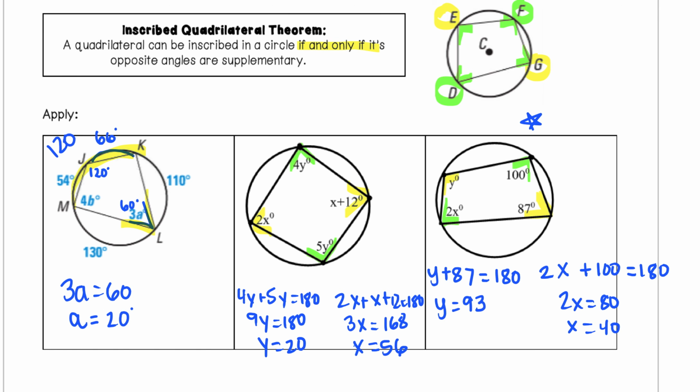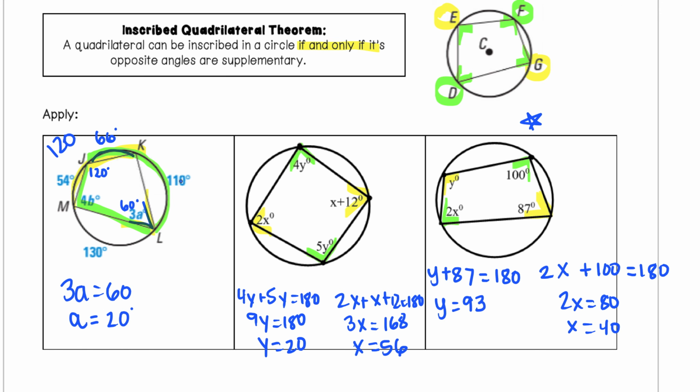From there, I can find my other variable, B, by doing a similar process and saying, well, this angle is touching this intercepted arc. And so the intercepted arc of JL is 66 plus 110, so a total of 176. And since that is a total of 176, half of that is what our angle 4B is actually worth.